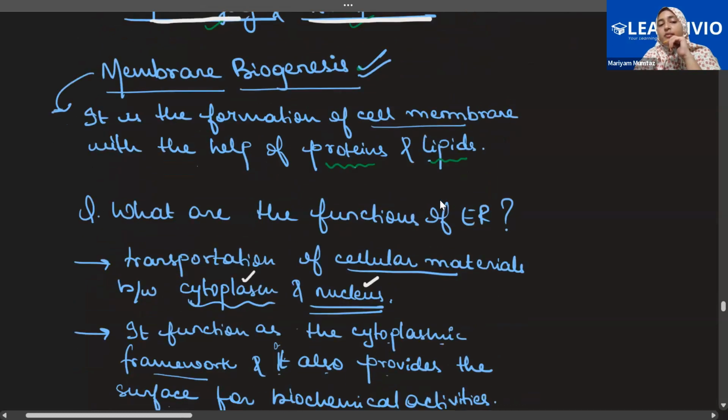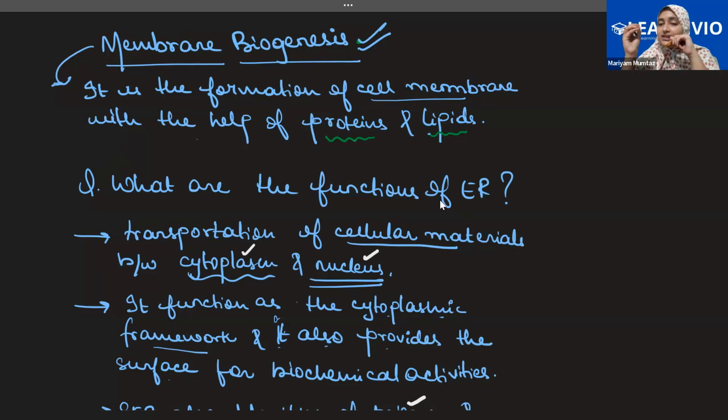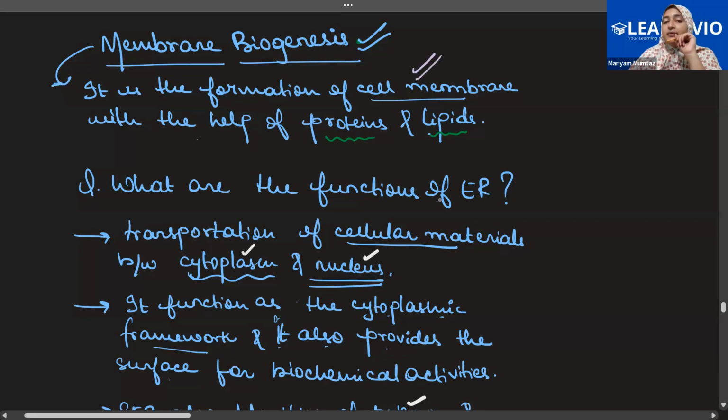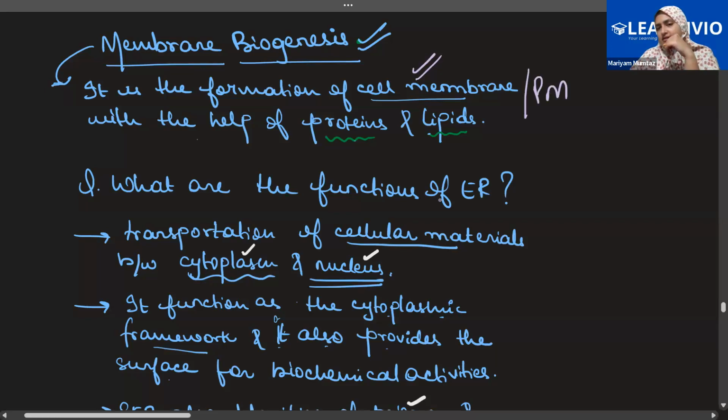Now talking about membrane biogenesis. We know that protein and lipid, both are synthesized in the cell, right? One is synthesized by the smooth endoplasmic reticulum, and the other by the rough endoplasmic reticulum. Protein and lipid are needed for the formation of the cell membrane, or plasma membrane, it is the same thing.